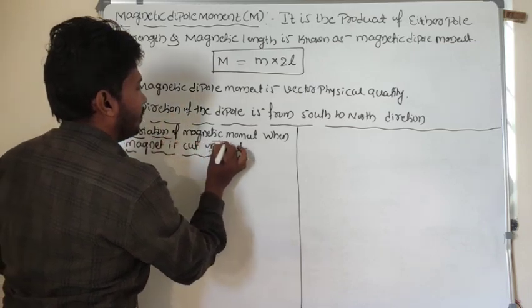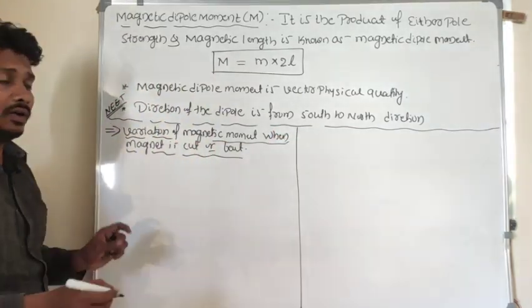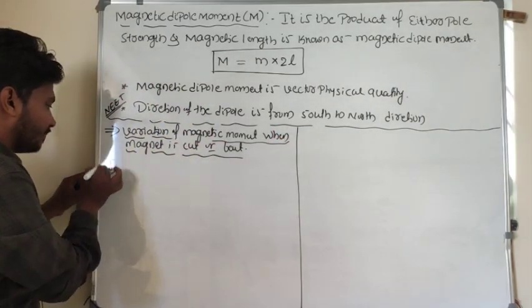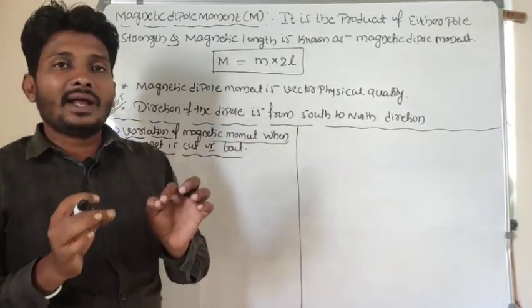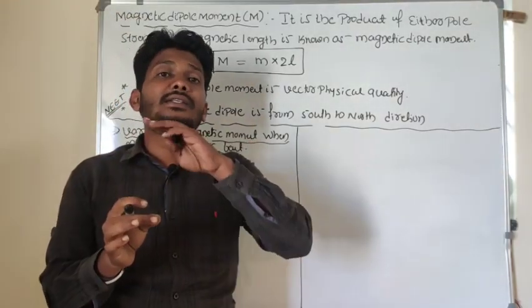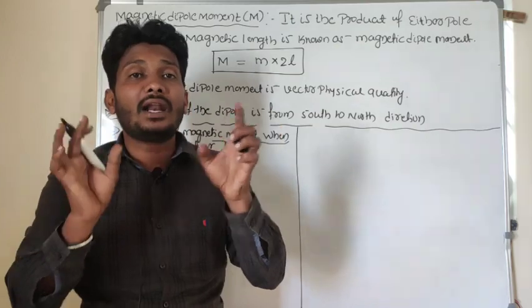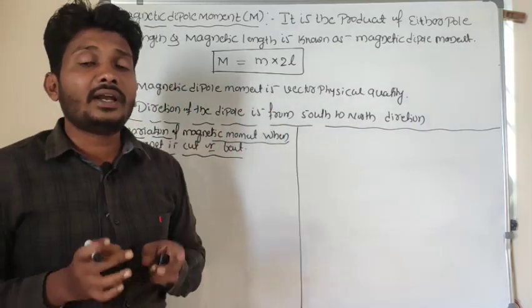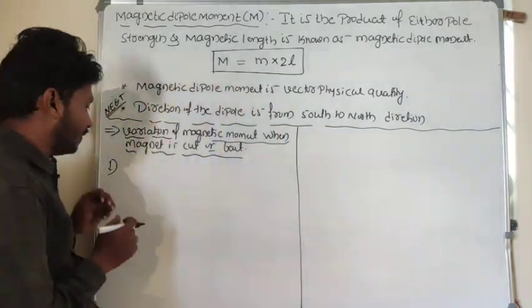First we can consider here, I will take that bar magnet. If that bar magnet is cut into n equal parts parallel to the magnet, then what about the effective magnetic moment we can find out here?